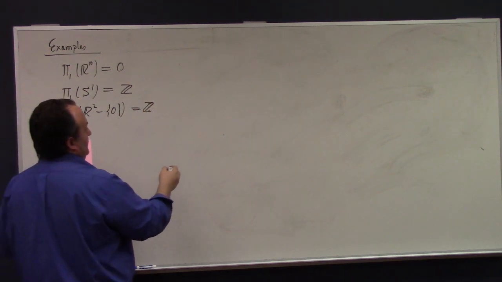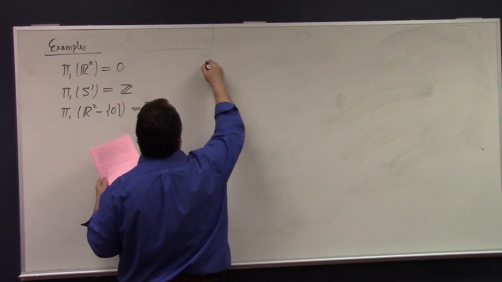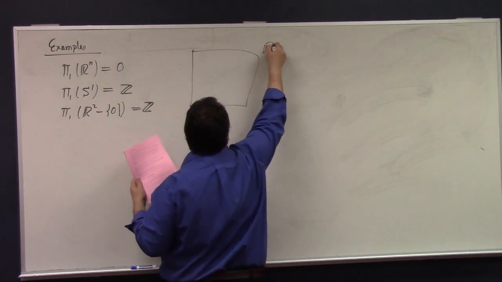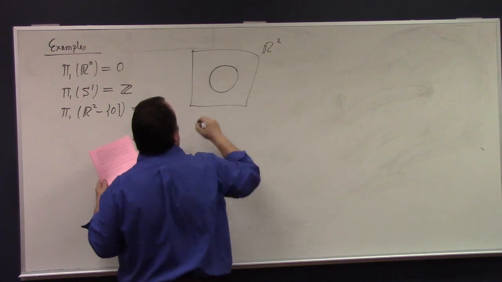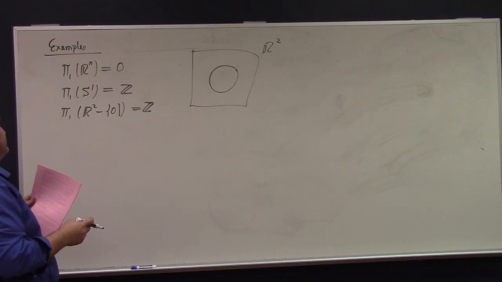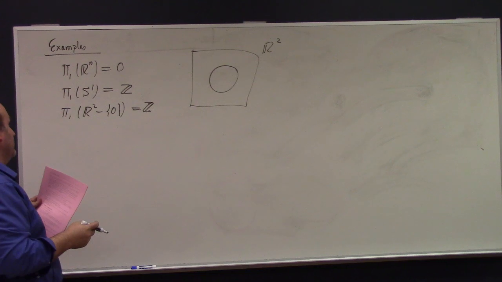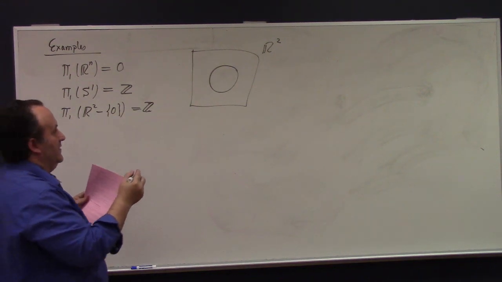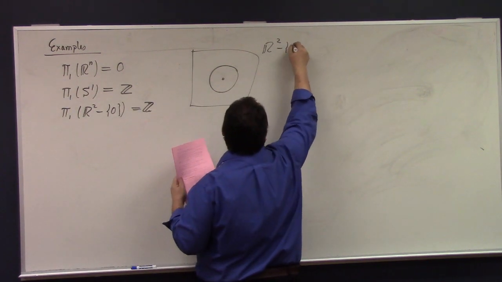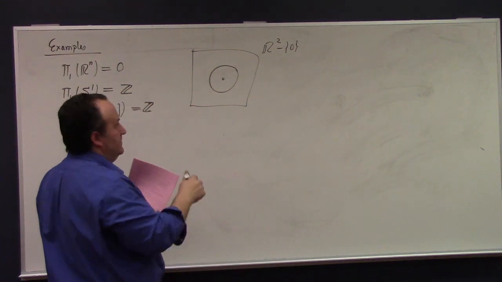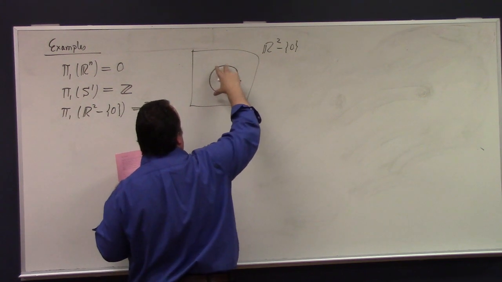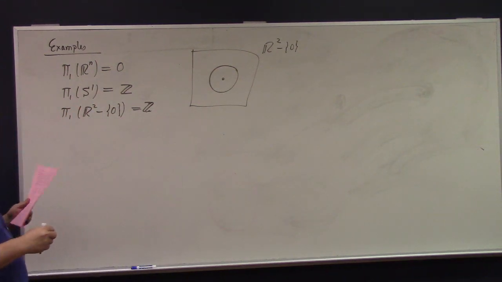Because if you think about all of R2 without the origin, then you can basically deform all of R2 without the origin to this circle. So the circle is a deformation retract of the punctured plane.